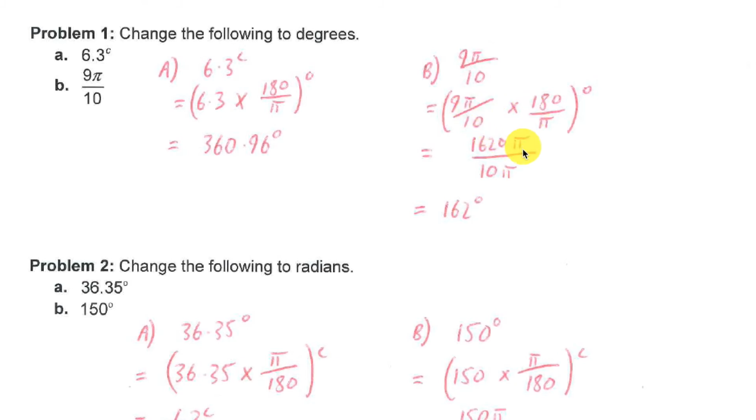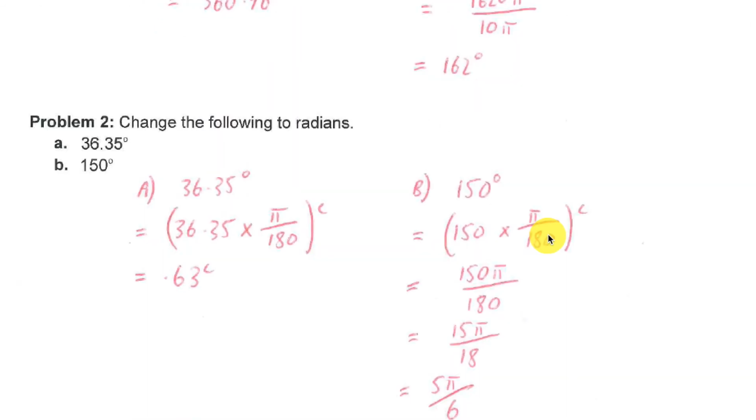When I do that with my fractions, you'll see that it becomes 1620 pi over 10 pi. The pi's will cancel out. The 10 will go into that exactly 162 times and end up with 162 degrees. If you've got a calculator, this is not a big deal at all, but typically in exam 1, you will be required to convert angles like this into degrees.